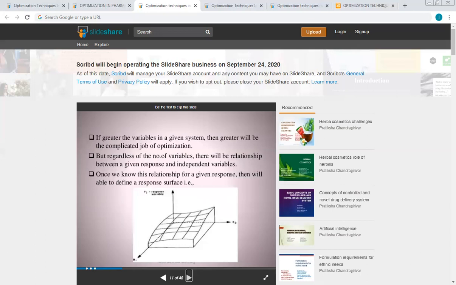The greater the number of variables in a given system, the more complicated the job of optimization will be. But regardless of the number of variables, there will be a relationship between a given response and the independent variables. Once we know this relationship for a given response, we will be able to define a response surface.